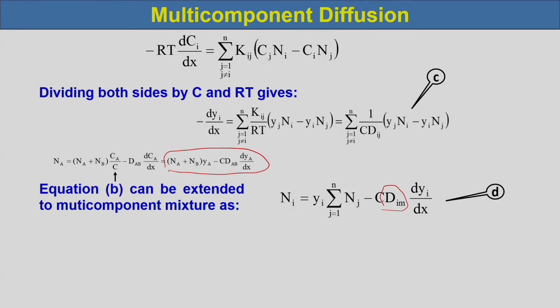If there are two components, we have two fluxes, N_A plus N_B. Similarly, Nj represents the flux of different components.